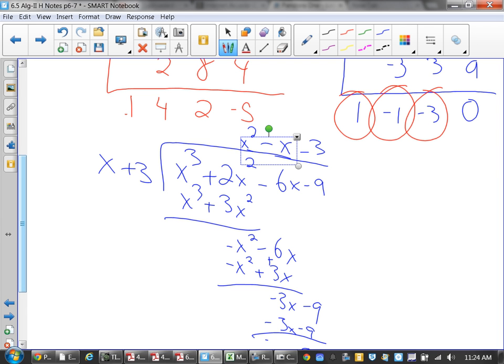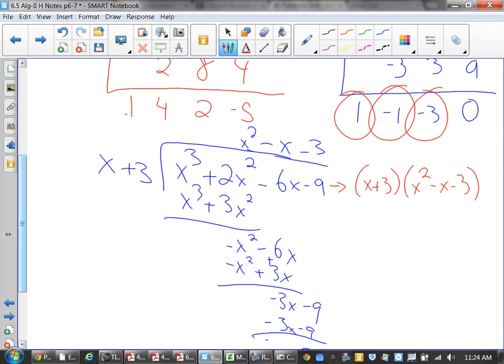We would try to factor that by grouping because there's 4 terms. You guys would have told me you can't factor it because you don't get GCFs that match up, right? But now you can. You can factor this using synthetic division. What this is telling me is that the factored form of this is x plus 3 times x squared minus x minus 3. And that's the factored form of that polynomial.